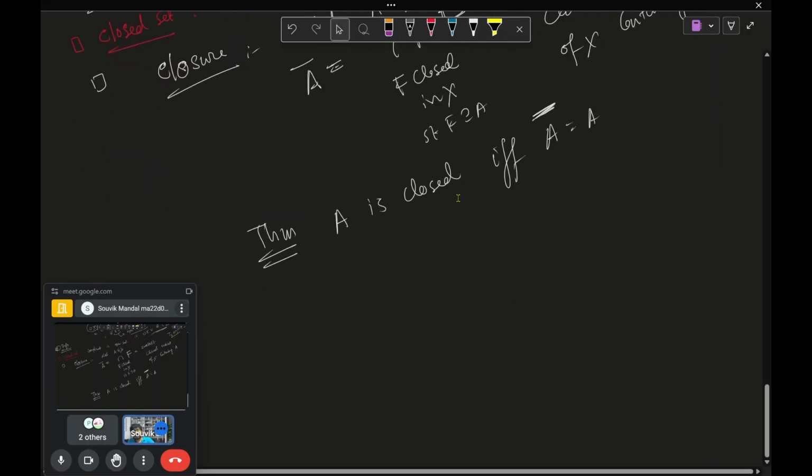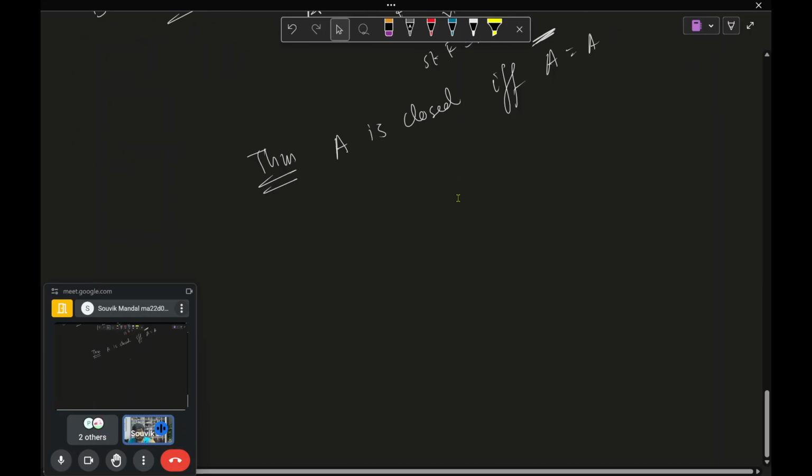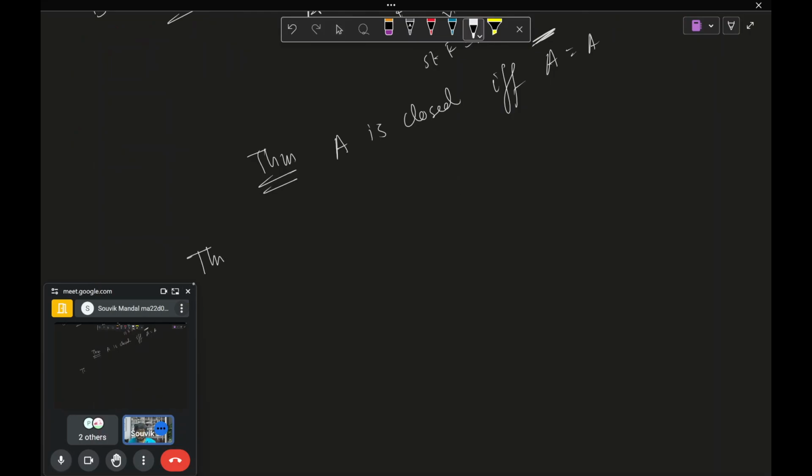And there is another theorem which is analogous to real analysis. Look, in the subspace topology we have seen that a set U is open in Y if it is an intersection of an open set of X with the subspace. The same thing happens with closed sets also.